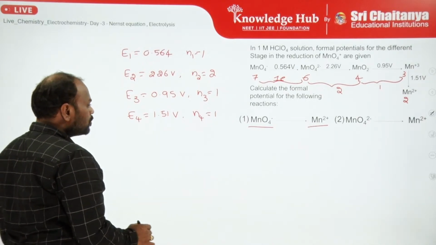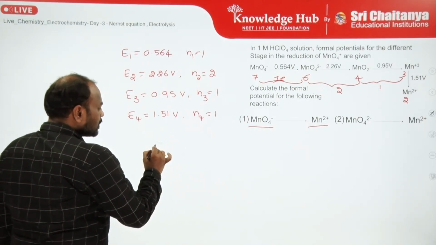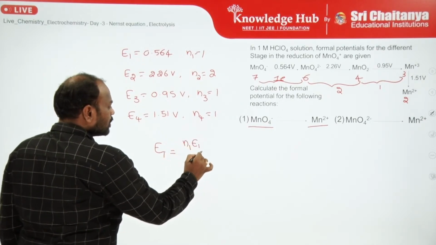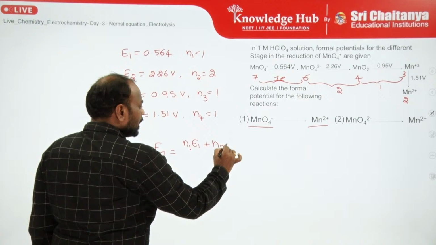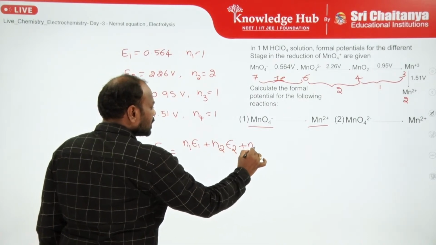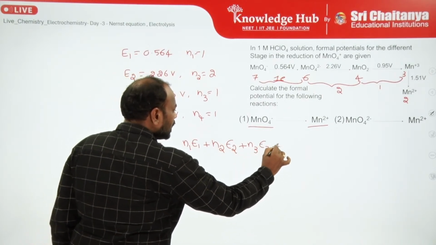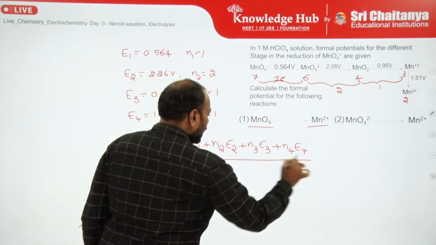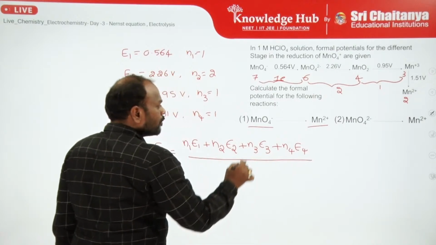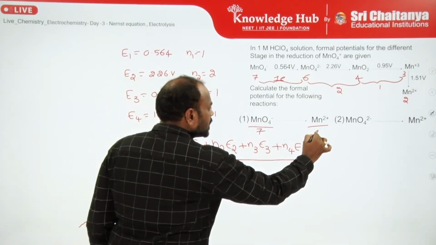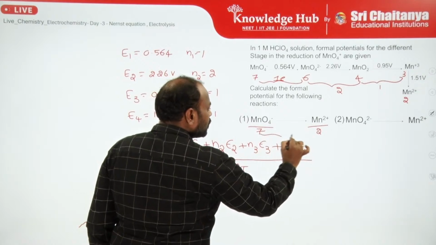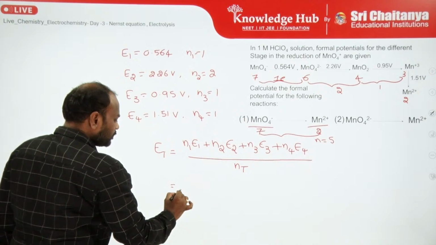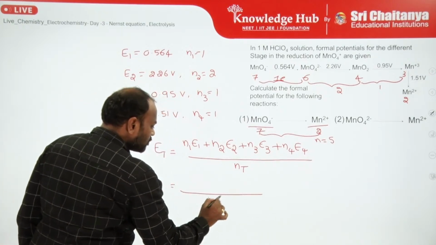So according to the first slide, here E total is equal to N1E1 plus N2E2 plus N3E3 plus N4E4 divided by N total. From here the oxidation number is 7, here the oxidation number is 2. So from here to here, the N value is equal to 5. Substitute that value. 5.